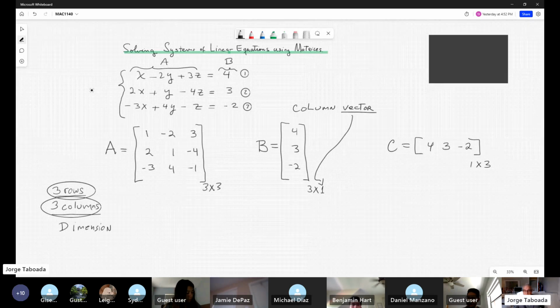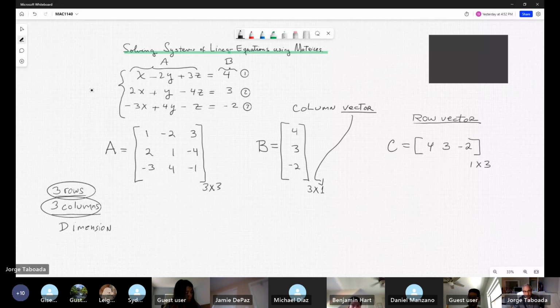And this is called a row vector. But we will study it in due time, not now, in another example, maybe not today, because we dedicate one entire lecture to explain in detail the operations using matrices.